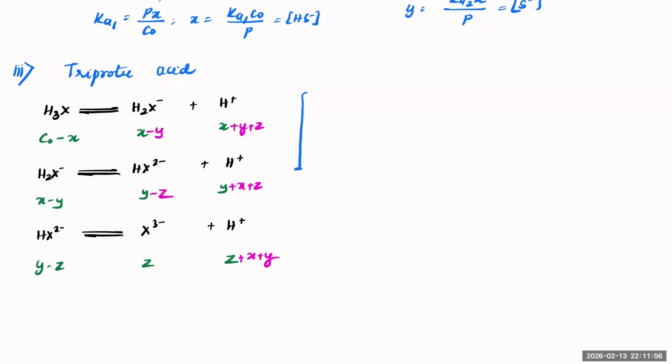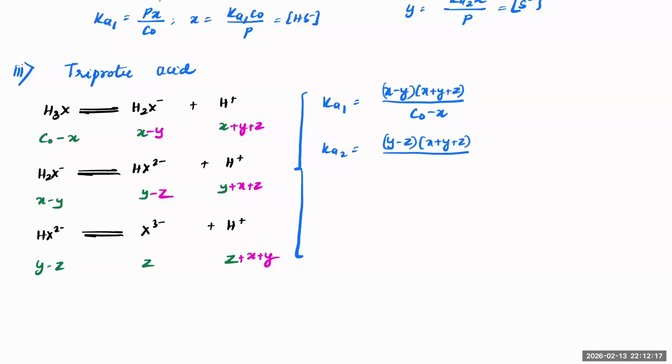And from there, you can write Ka1 is equal to x minus y into x plus y plus z upon C naught minus x. Ka2 is equal to y minus z into x plus y plus z upon x minus y.